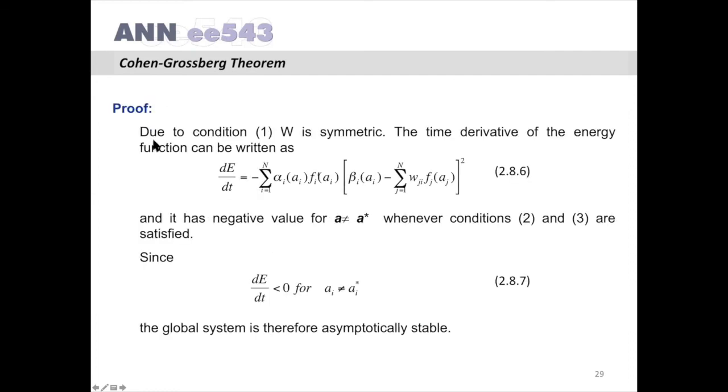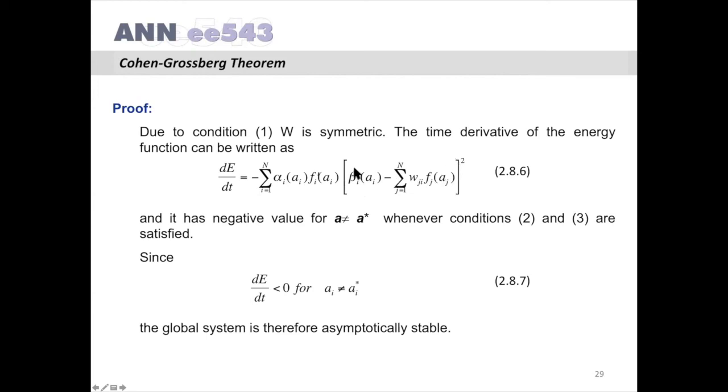In the proof, due to condition 1, W is symmetric, so the time derivative of the energy function can be written as dE/dt is equal to minus summation i from 1 to n alpha_i(a_i) f_i prime(a_i), and here in parentheses beta_i(a_i) minus summation j from 1 to n w_ji f_j(a_j).